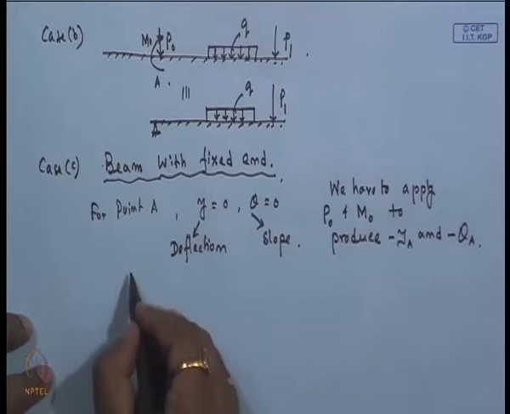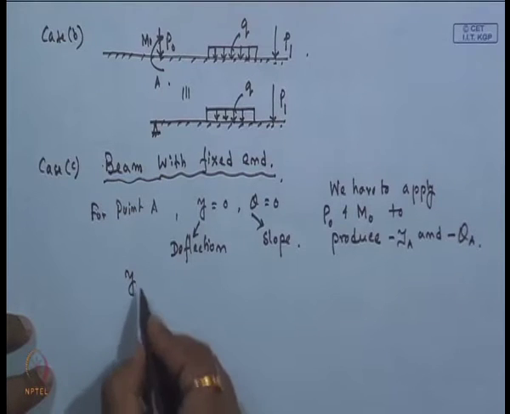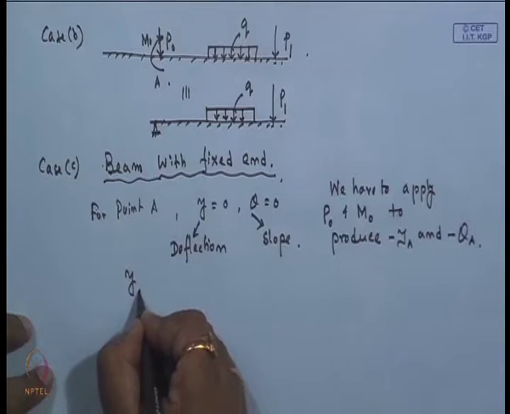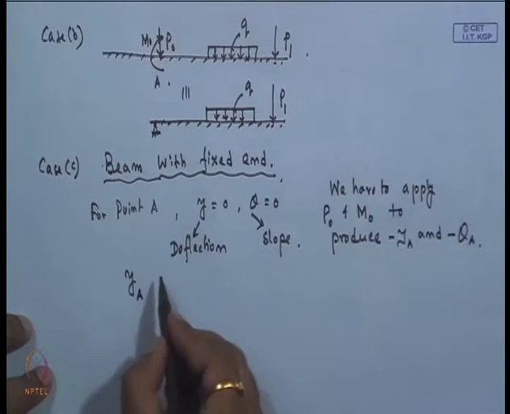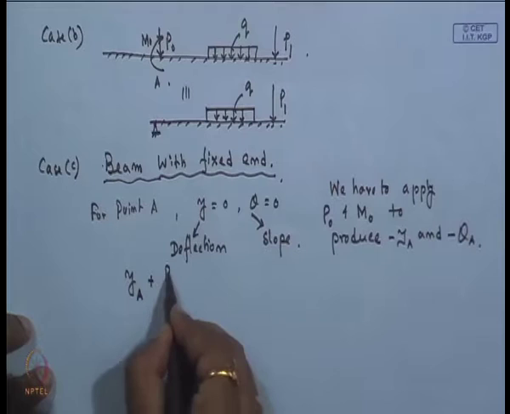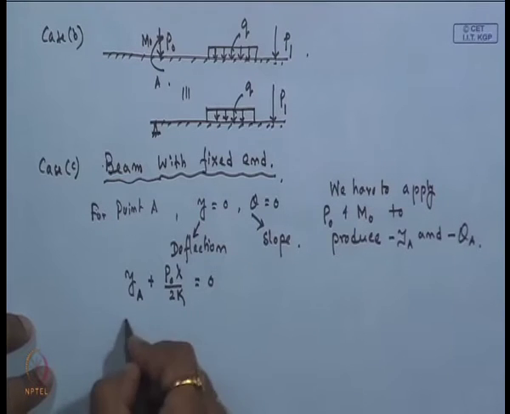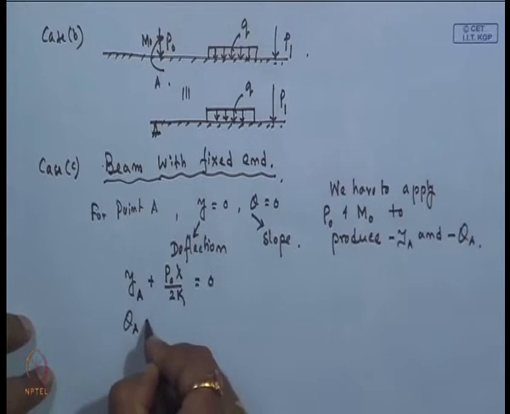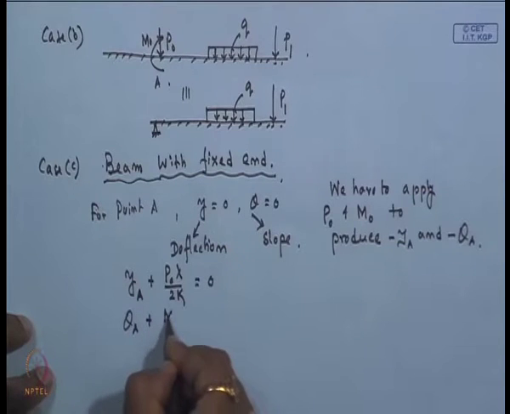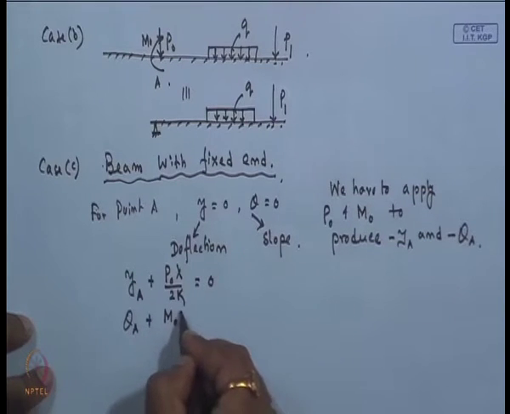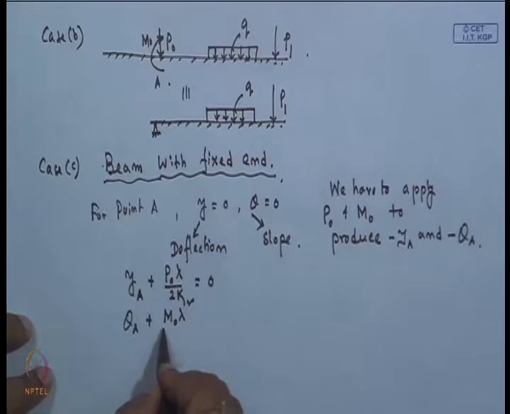For this condition, the net deflection is y A, and for the concentrated load P 0 lambda by 2 k, that will be equal to 0. And theta A plus M 0 lambda square by k is equal to 0.